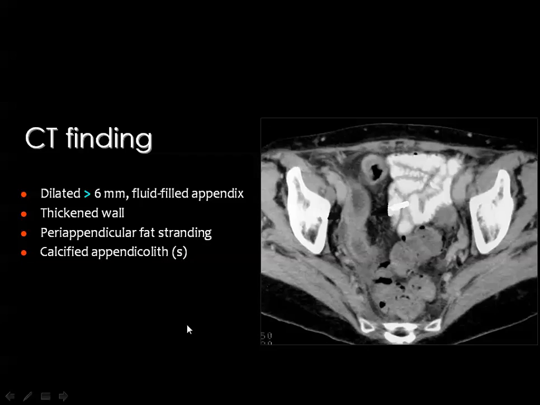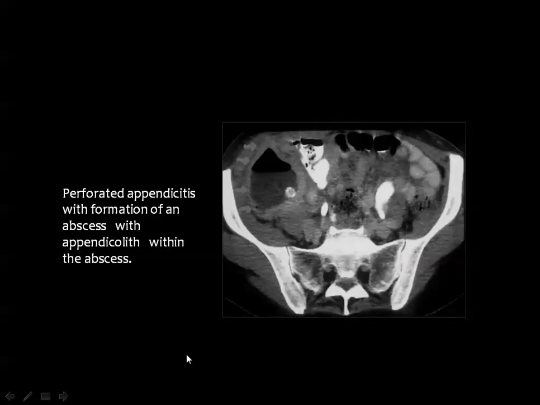Sometimes you cannot see this appendicolith, but you see that the appendix is here, it's dilated, the wall is thickened, and it is filled with fluid with reticulation of the periappendiceal fat. Actually, you need the help of the clinical data in order to suspect that this may represent appendicitis.